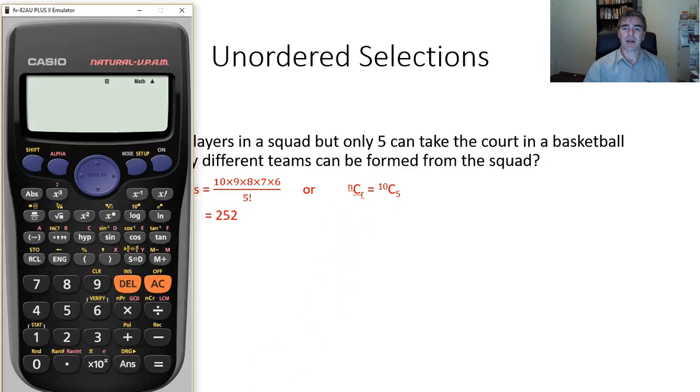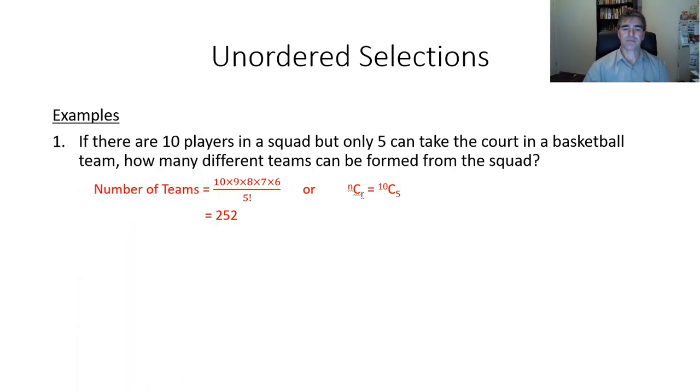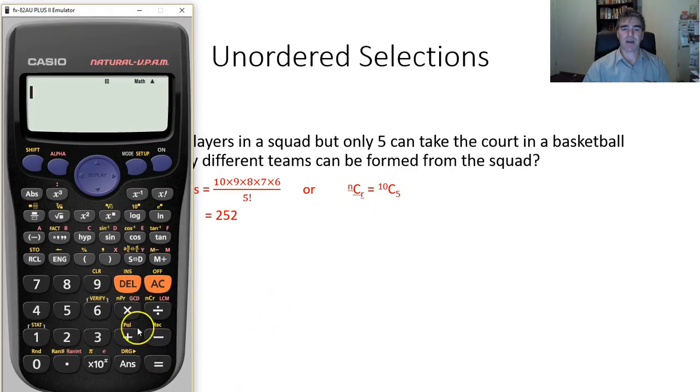So if we get our calculator back up, we've got 10 people to choose from, so let's do our 10 people. Shift to get our C for combination, and we've got 5 spots available on the team, and we end up with our 252 like we did just a moment ago. But a colleague of mine gave me an idea for remembering whether it's a C or a P, because our calculator also has an nPr.